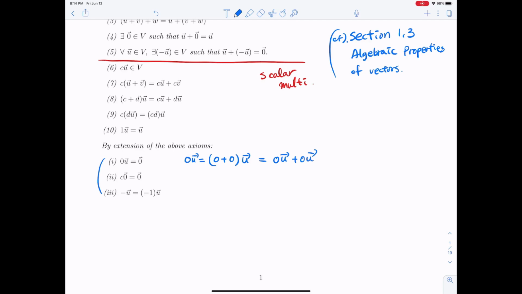And if you cancel out 0u on both sides, then we get 0u equals the 0 vector. And if you use a similar argument, you can prove c times the 0 vector equals the 0 vector, and the additive inverse of the given vector u equals -1 times the vector u.